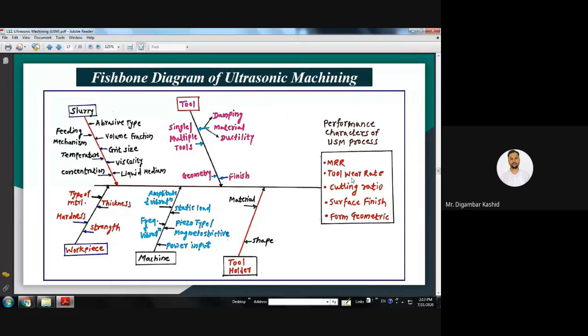Cutting ratio is nothing but the ratio of MRR and the tool wear rate. So this is about the process parameters, or I can say parametric analysis. Understood? If you understood this, then you will easily understand the effect of these process parameters. Understood?